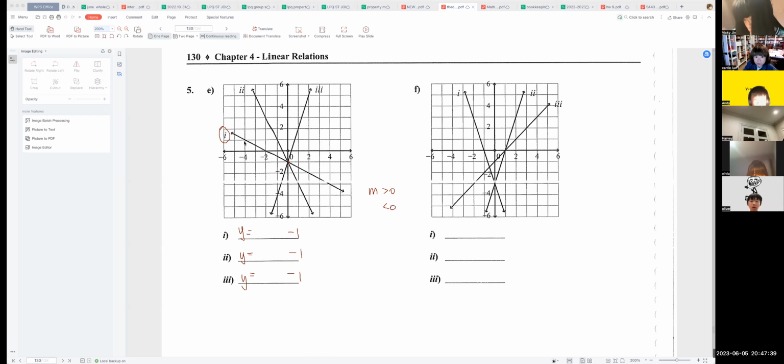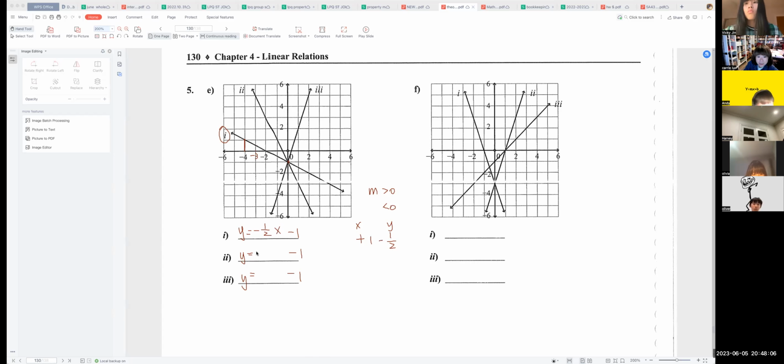Let's just find a point. From -4 to -3, x is increasing by 1, right? So y is decreasing by what? By half. So that means it's -1/2x. Get it, everybody?